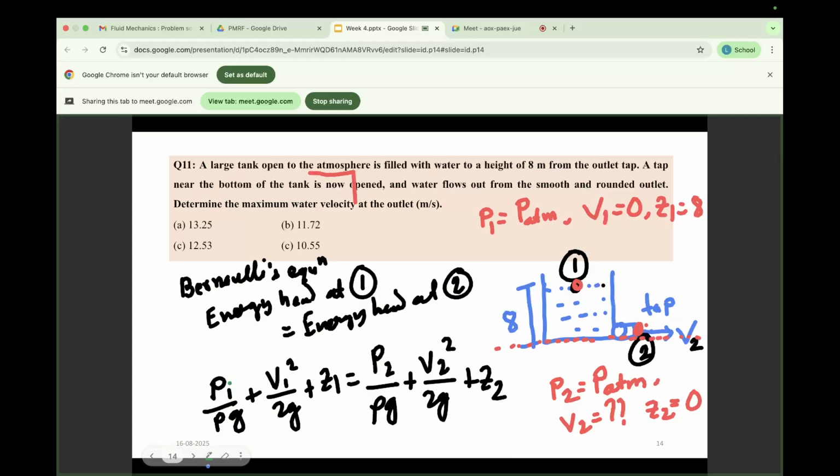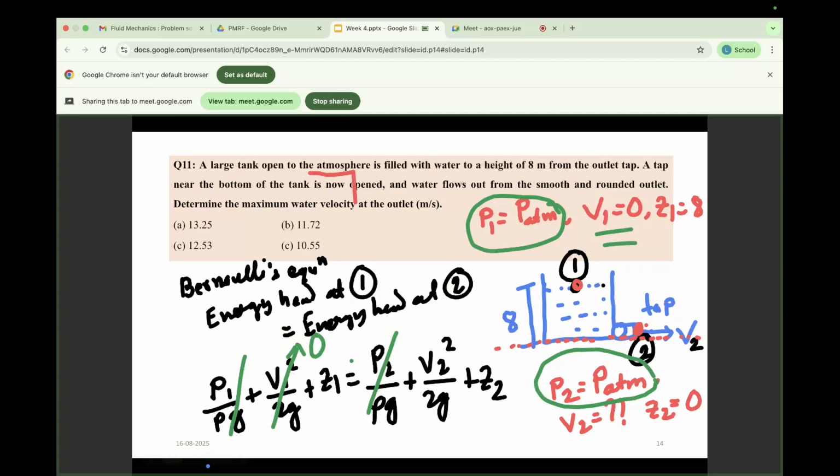So see, now as P1 and P2 are both equal, this term and this term will cancel out, right? And V1 is 0 from here, so this is equal to 0, and Z2 is also 0.